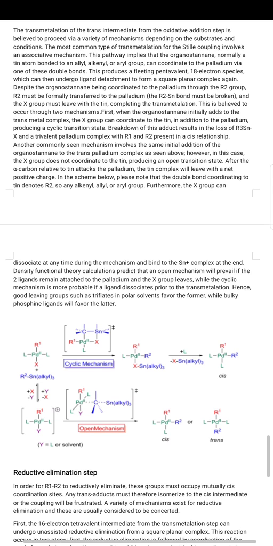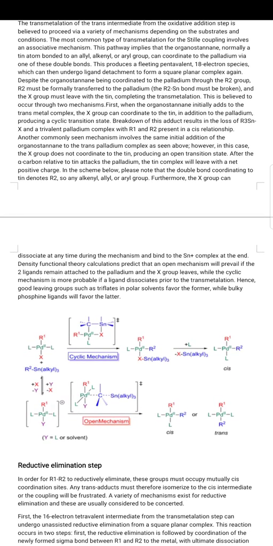So the most common type of transmetalation for the Stille coupling involves an associative mechanism. This pathway implies that the organostannane, normally a tin atom bonded to an alkyl, alkenyl or aryl group, can coordinate to the palladium via one of the double bonds. As we can see, there is a cyclic mechanism and there is an open mechanism.